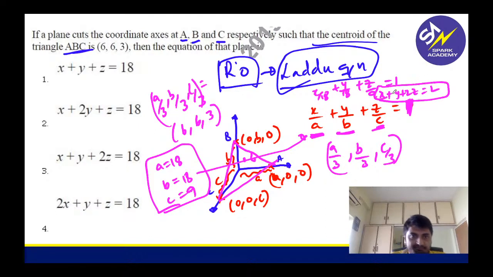I am taking LCM. LCM is 18, right? x plus y plus 2z equal to 18. Third option answer. Simple question, right? Very easy question.